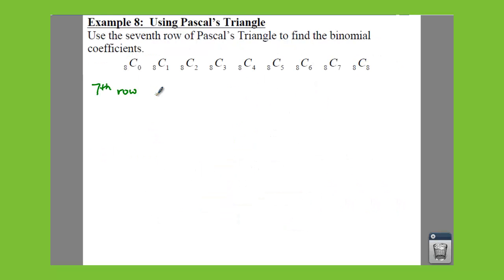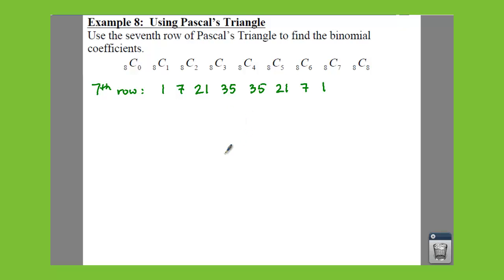So we're going to list out our 7th row. And our 7th row ends up becoming a 1, 7, 21, 35, 35, 21, 7, and a 1.